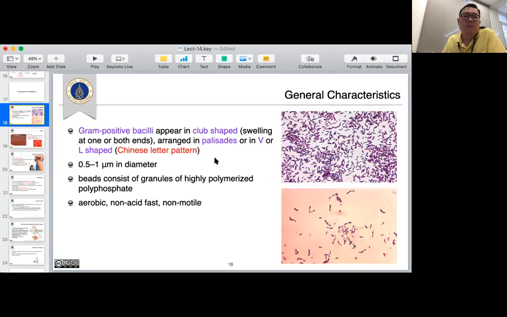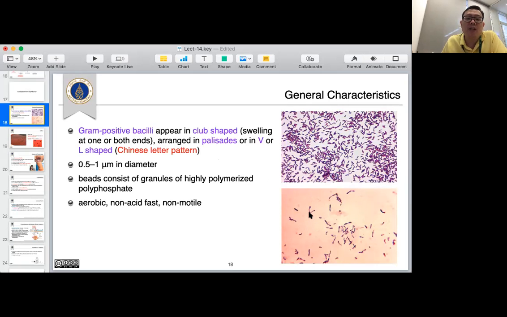So the cells look like a club shape. Some parts of the cells are bubbling, some areas are very narrow, and at one or both poles the cells swell like a bulb. The arrangement of cells is joint.